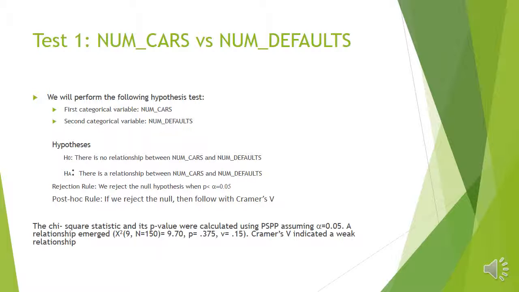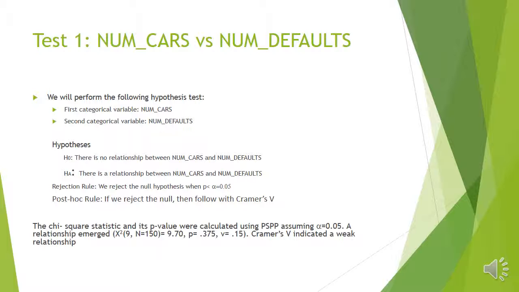The chi-square statistic and its p-value were calculated using PSPP, assuming an alpha level of 0.05, and a relationship emerged of chi-squared yielding a value of 9.70 at 9 degrees of freedom with 150 cases. Our p-value was found to be 0.375, which in this case is not significant, and as such we would fail to reject the null hypothesis.